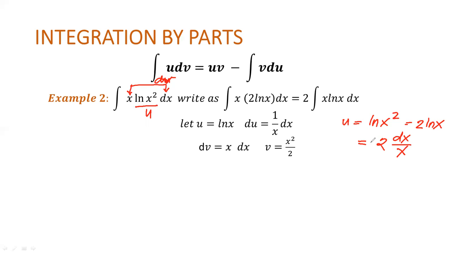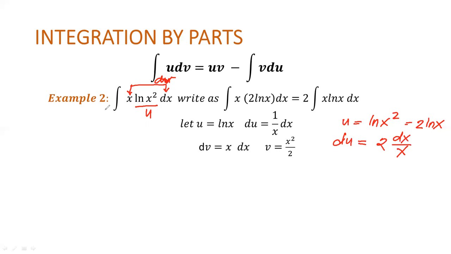Your u is ln of x squared, and the du, this second line, is 2 dx over x. If you will stick to this original process of having the u represented by ln of x squared and x dx as your dv, if this one is integrated, class, the x dx, that would simply be x squared over 2.